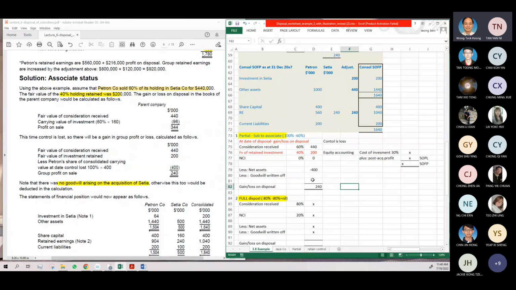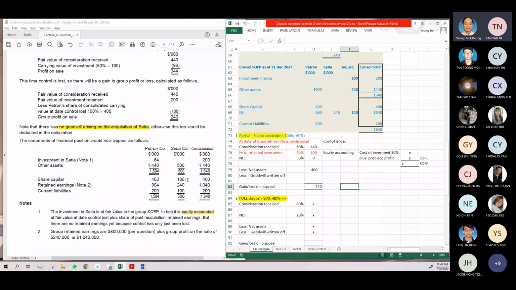Okay, remember how to do it. So when you have loss of control, in this case, loss of control is subsidiary to associate. It becomes associate status. So in this case, you don't have to consolidate because now it's an associate. Okay, share of associate profit on the 40% of it.